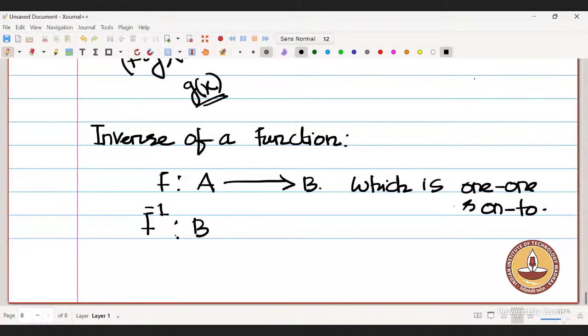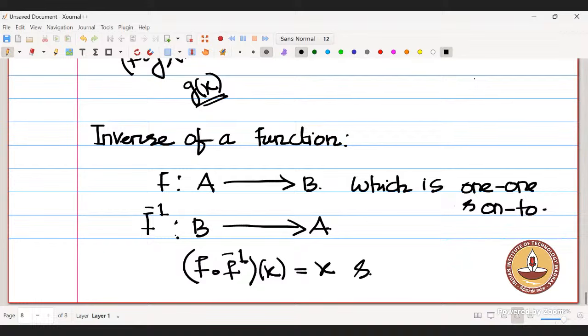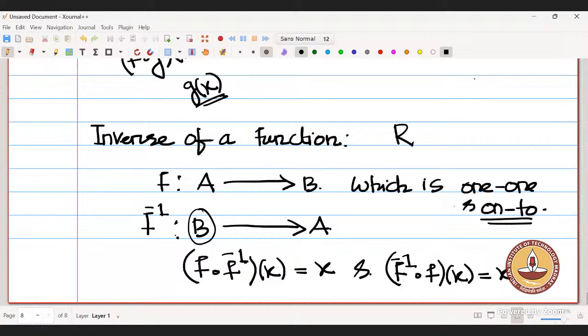Then F inverse is a map from B to A such that it satisfies these two conditions: F compose F inverse of X is X, and F inverse compose F of X is also X, right? The reason I assume onto is only because I can write B here. Otherwise, instead of B, I have to write range of F.